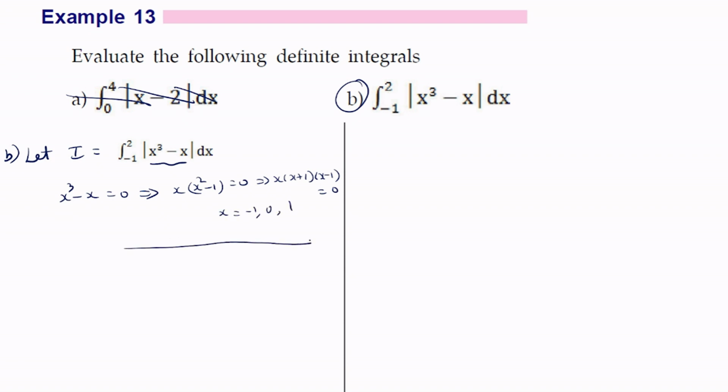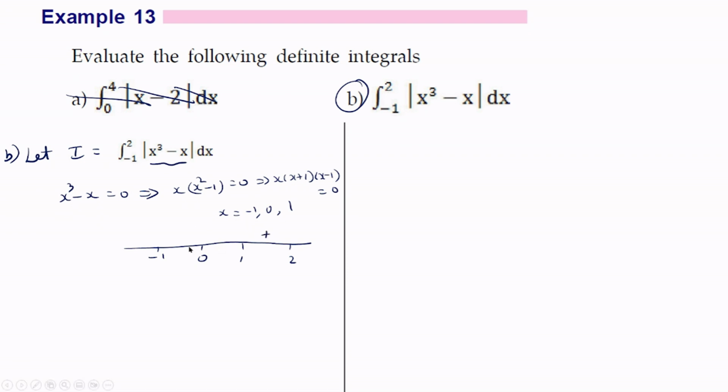So on the number line we can divide the interval from minus 1 to 2 into minus 1 to 0, 0 to 1 and then 1 to 2. Now when we consider the function x cube minus x in the interval 1 to 2, if we consider any point, say 1.5, then the value of x cube minus x is positive here.